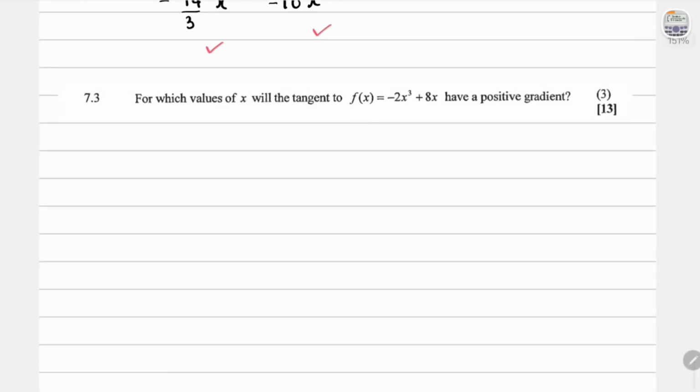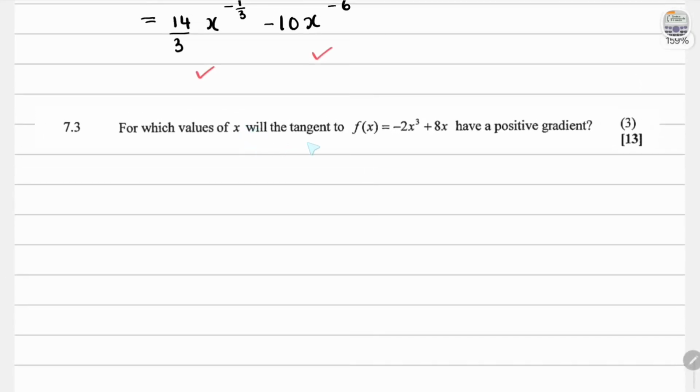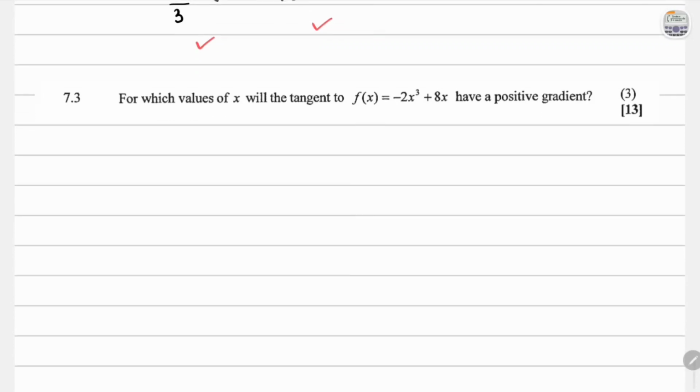Question 7.3 says, for which values of x will the tangent to f of x equals this have a positive gradient? So you can see that this is a concave down parabola. And if they're referring to a tangent that has a positive gradient, you have an increasing function because it has a positive gradient.